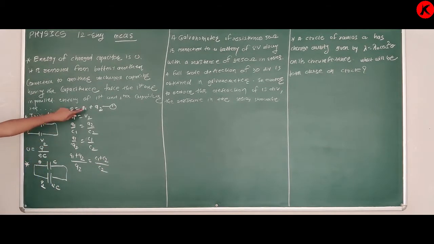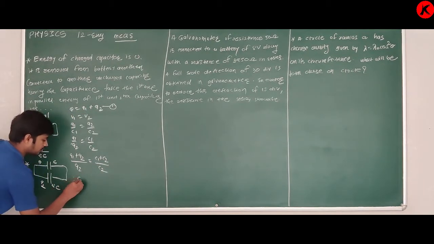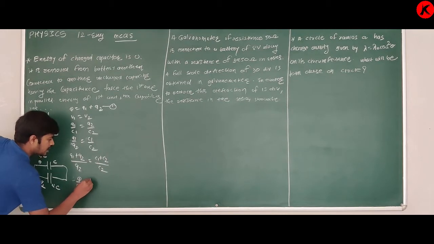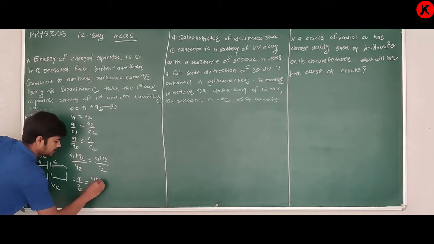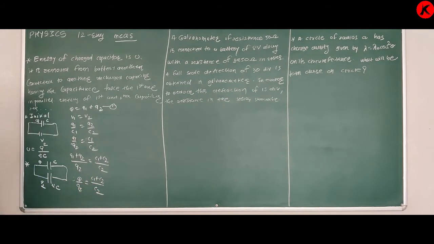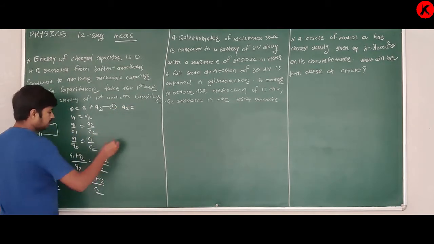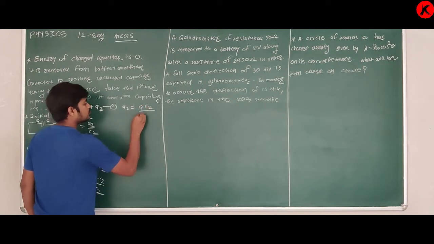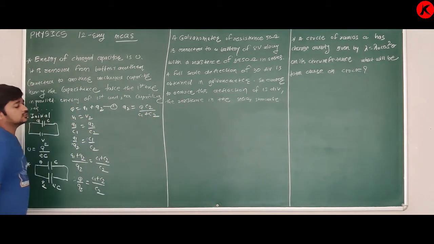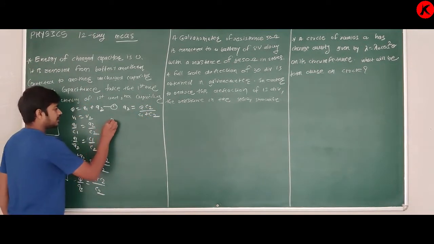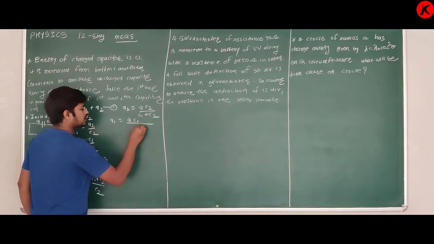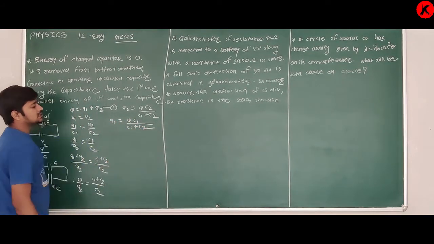I can write Q1 plus Q2 as Q, so Q upon Q2 is equal to C1 plus C2 divided by C2. Making Q2 the subject, Q2 is equal to Q C2 upon C1 plus C2, and similarly Q1 is equal to Q C1 upon C1 plus C2.